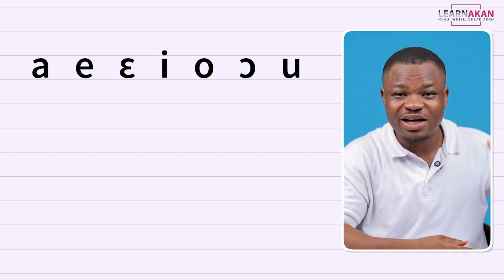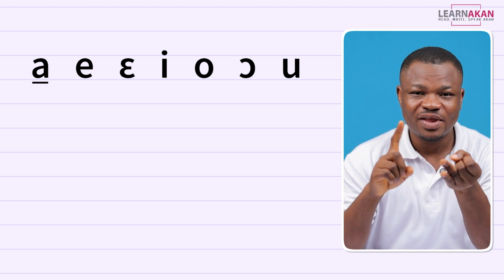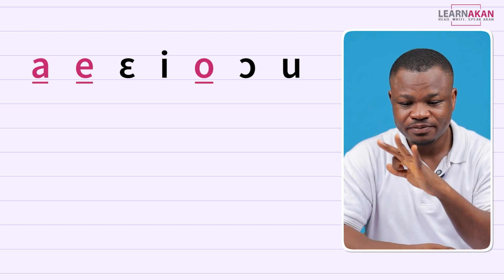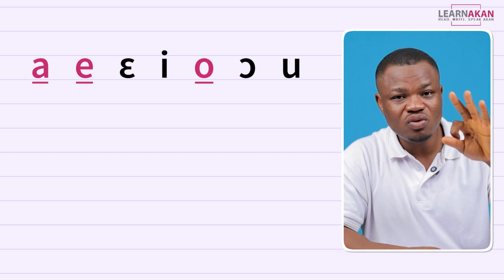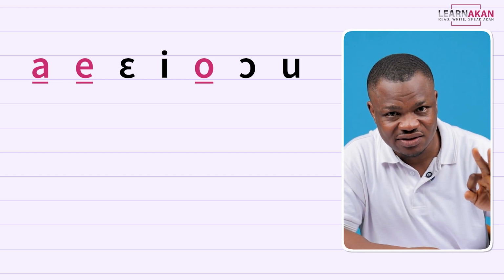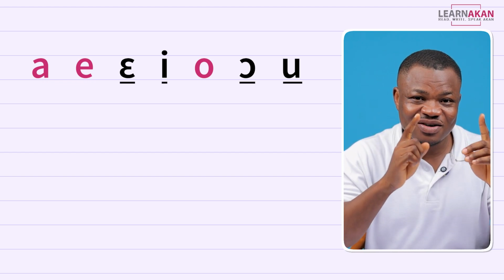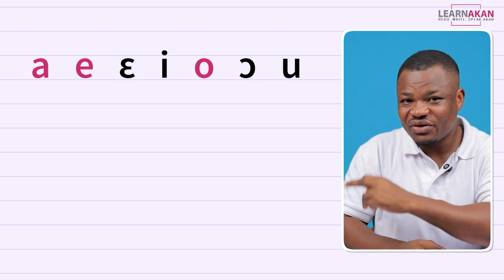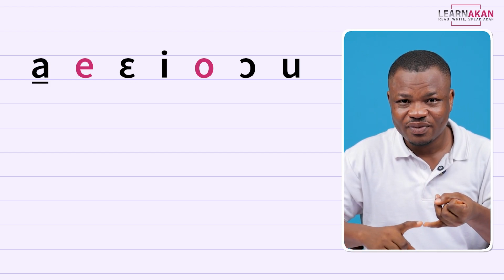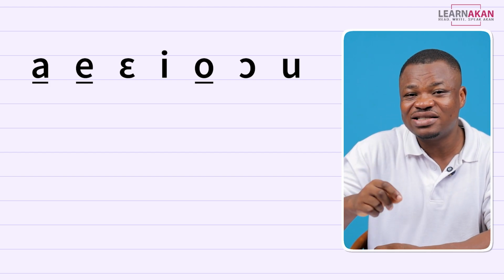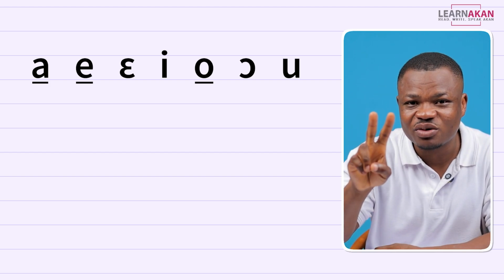So in this lesson, I told you that the A, E, and O vowels, so these 3, they represent 2 vowel sounds each. So unlike the 4 other vowels that represent a single sound each, these 3 vowels, the A, the E, and the O vowels, each of them represents 2 distinct sounds.